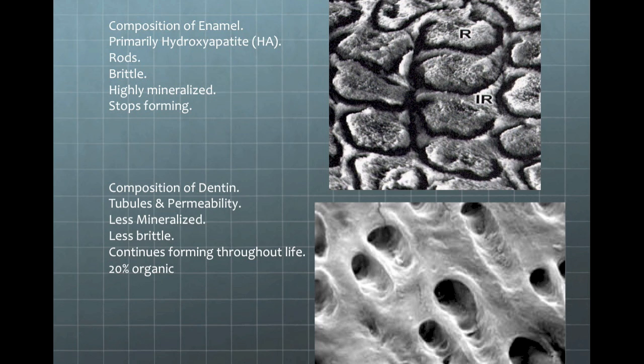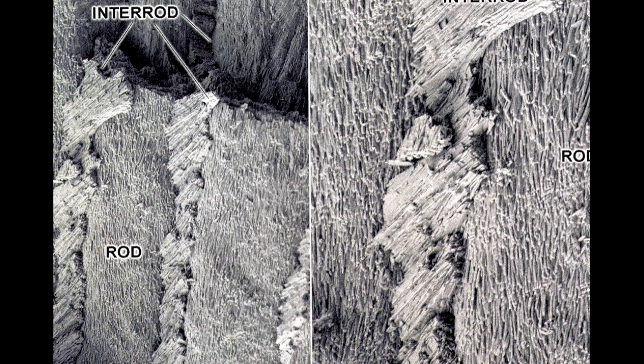It's 20% organic, much less mineralized, and therefore less brittle. And the other thing is it's somewhat alive because it continues to form throughout life, and that's not the case with enamel. You can see here the interrod and the rod enamel.